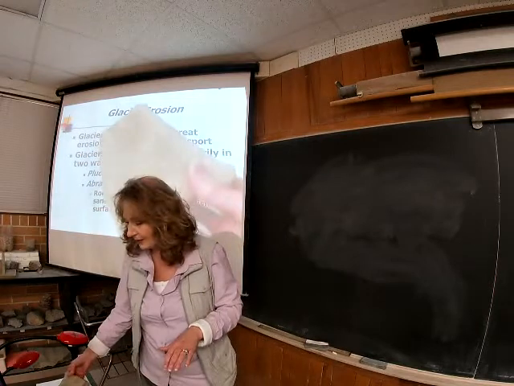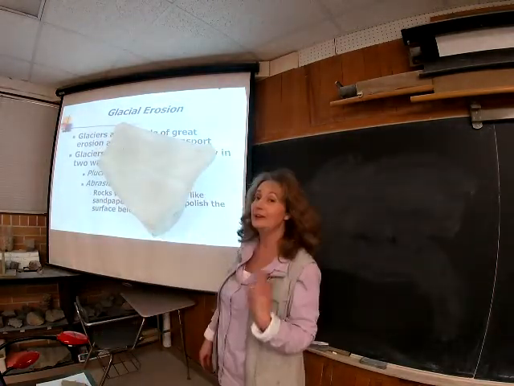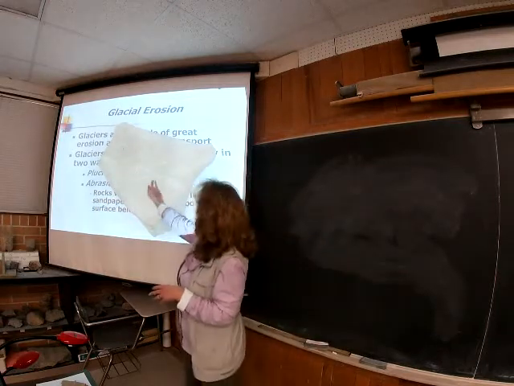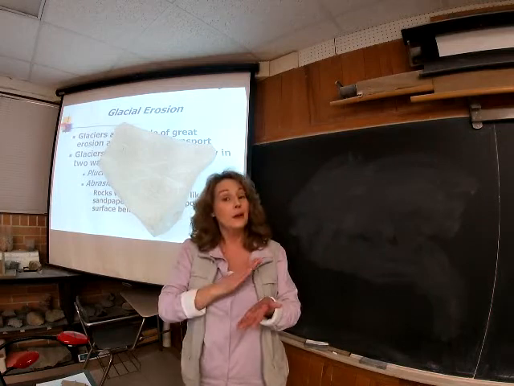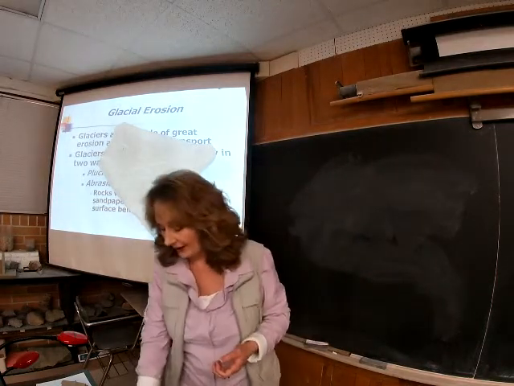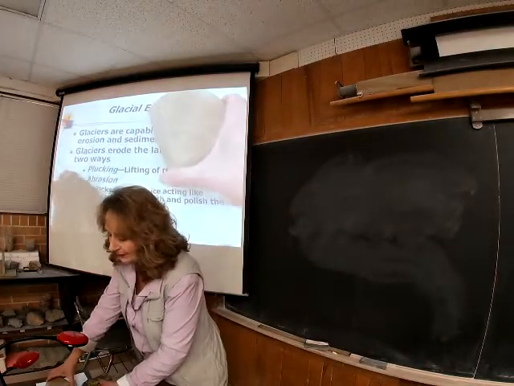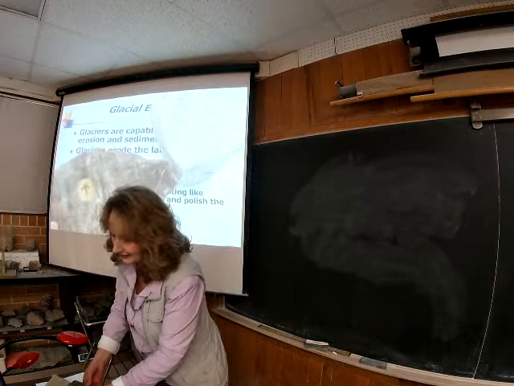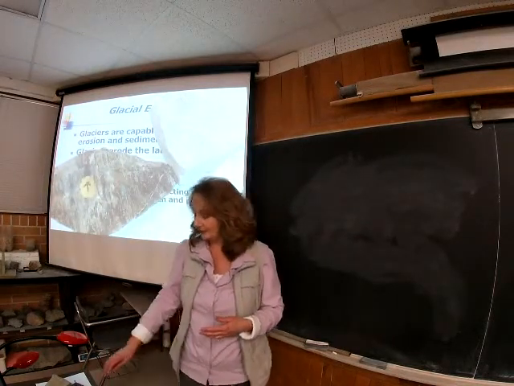This one from Ohio, I don't know how well that's going to show up. Looking pretty good from here, but all these scratches on here, those are little striations from glacial motion across the rock there. This one has quite a few of those little striations as well. And the interesting thing about these is that you can tell the direction that the glacier was moving.